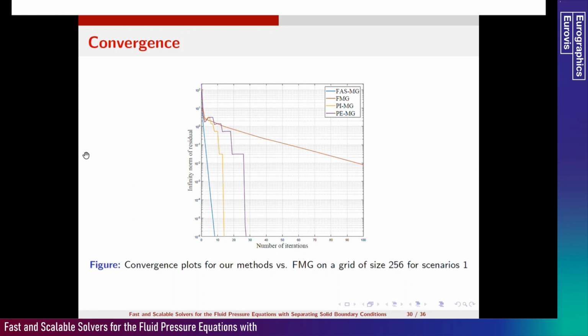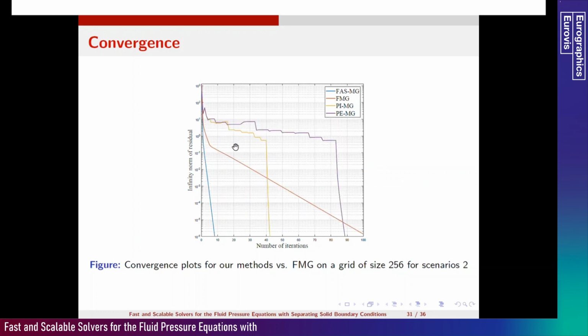For scenario 1, the FASMG, the polarization, and the penalty method have similar convergence behavior and are much better than FMG. For scenario 2, the FASMG has similar convergence, but the polarization and the penalty method become worse. They perform worse than the FMG at the beginning, but eventually converge faster than FMG.